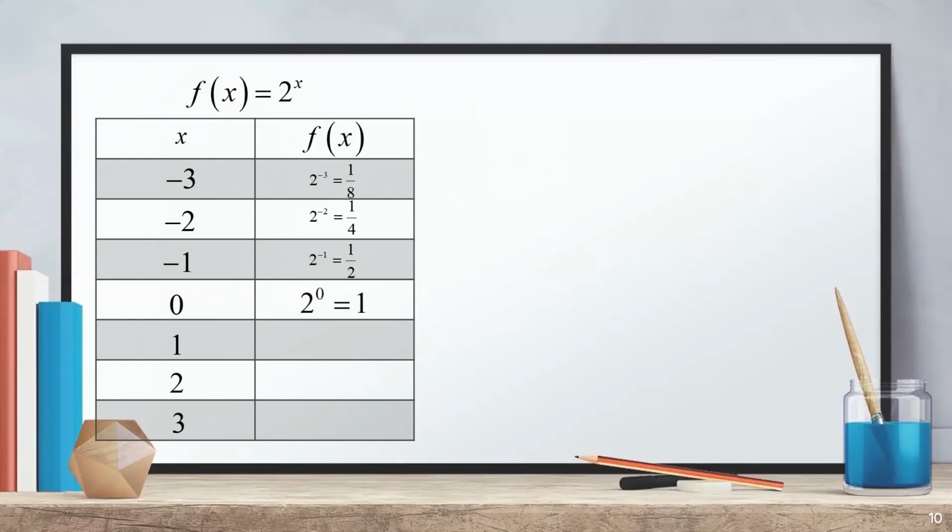2 raised to 0 is equal to 1, 2 raised to 1 is equal to 2, 2 raised to 2 is equal to 4, and 2 raised to 3 is equal to 8.